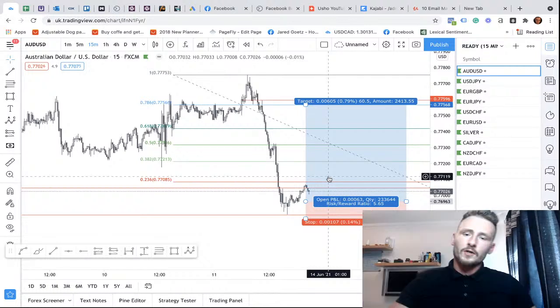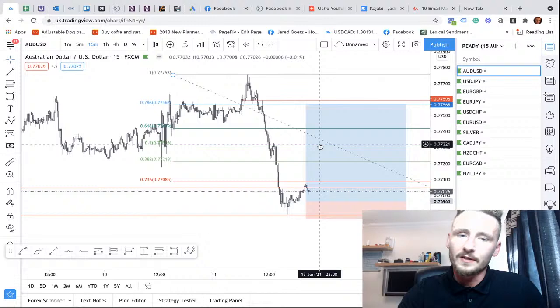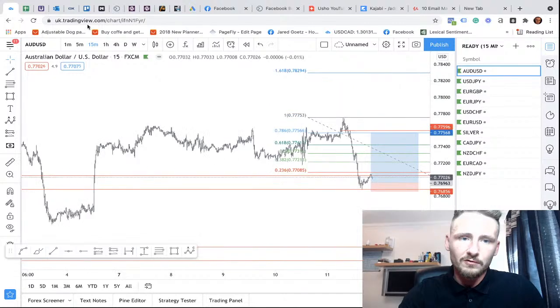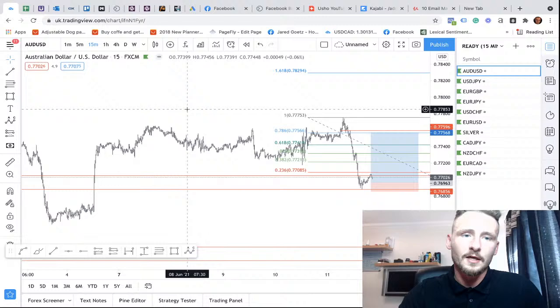Which of course in terms of retracements is actually a really small retracement, so we do look to take that back up to more the 0.5 level, 0.6 level, but right now it's looking like it's holding the 0.236 level.